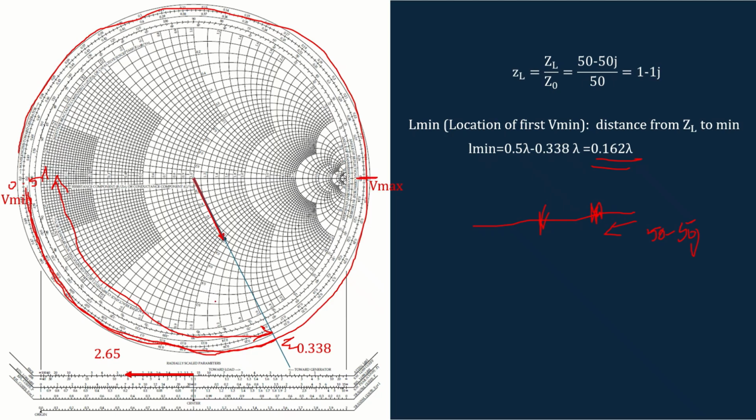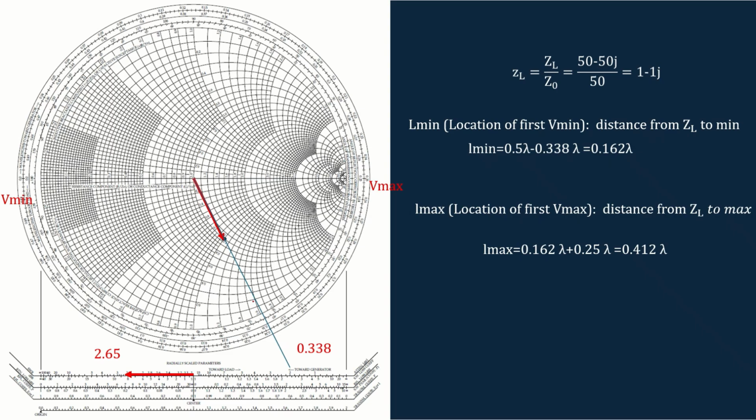So if I have to find the V maximum position, I have to extend my load through this distance. So I actually calculated the distance from here to here as 0.162, and we know that from here to here it is 0.25 lambda, because you can see it will start from 0, and when you extend to this point here, you can see it is 0.25 lambda.